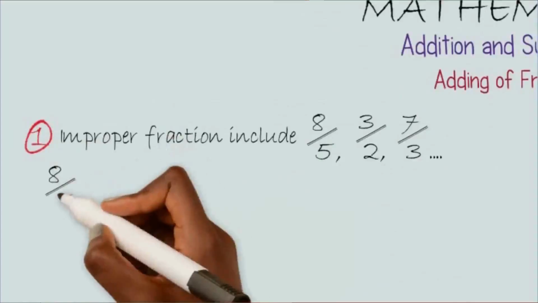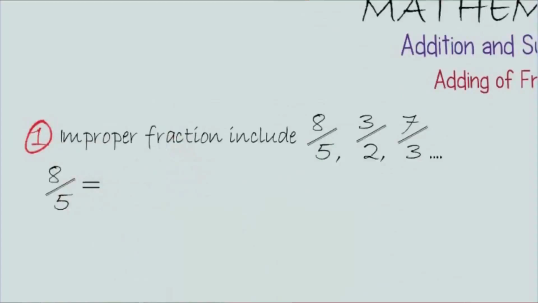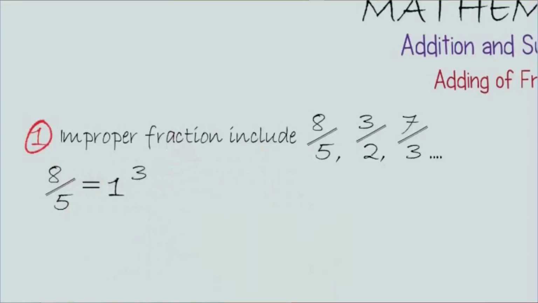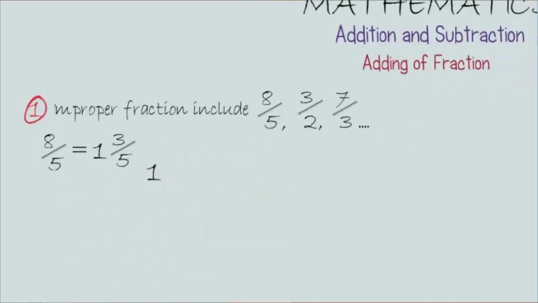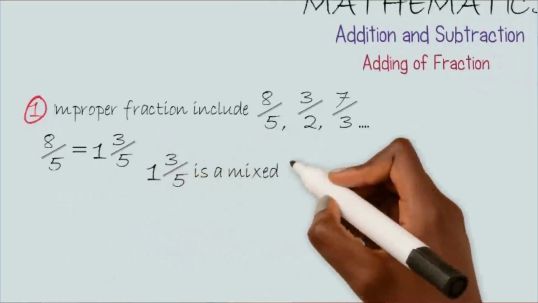So 8 over 5 is equal to, how many times will 5 go in 8? 1, remainder 3. So it will be 3 over 5. So 8 over 5 in mixed fraction is one whole number 3 over 5.